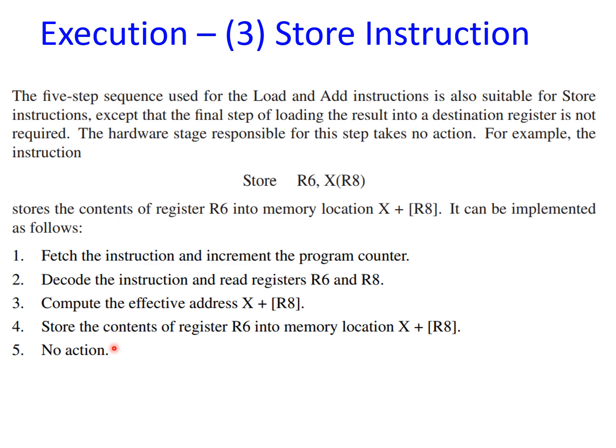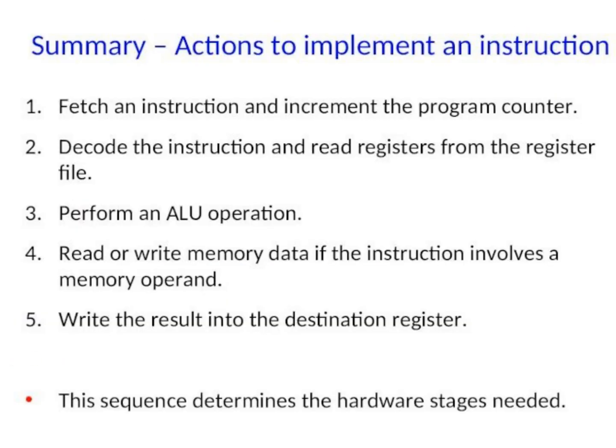Then the fourth step will be to write to memory: from the register R6, it has to be written into the memory location x plus R8. And then finally, in the fifth step, there is no action. So here also 4 steps, but if we generalize, the fifth step is no action.